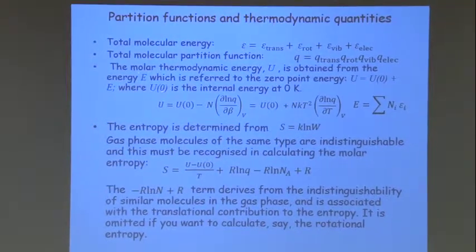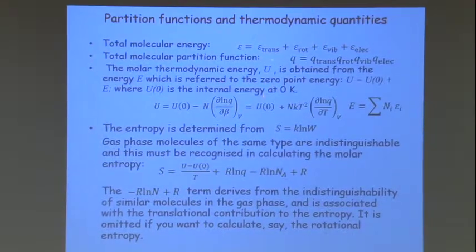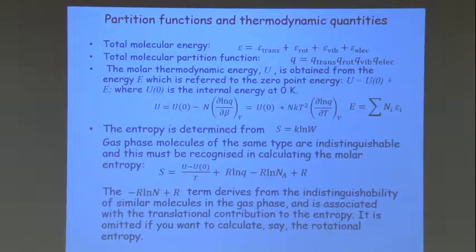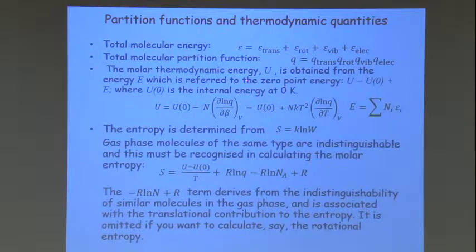So the molar thermodynamic energy U is obtained from the energy E, which is referred to the zero-point energy. So U is equal to U naught plus E. Now let's just try and understand what that means.